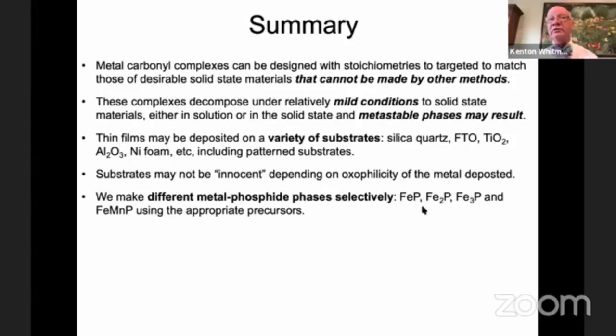There are certainly opportunities for making other precursors that go in the other direction. So for making an FeP2 and an FeP4 phase, we have in process studies for making precursors that would do that. We also have some precursors that could end up giving us Fe4P, which we have not examined at this point either.